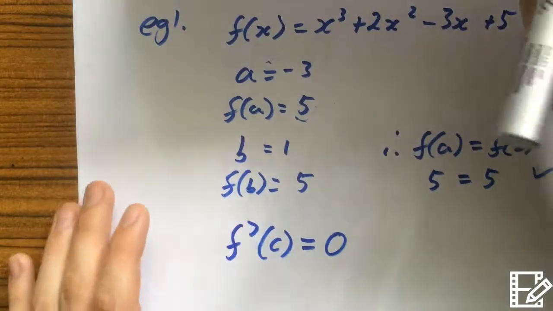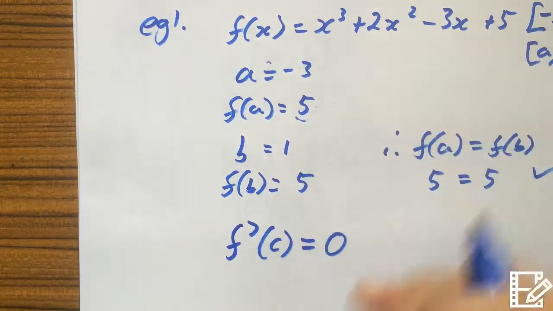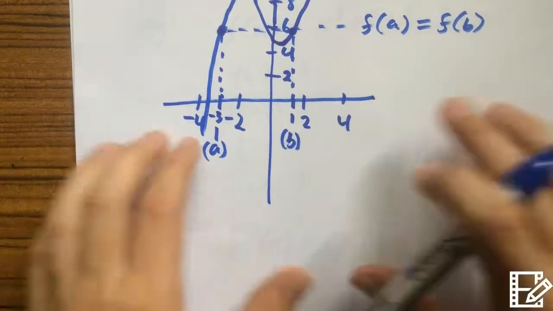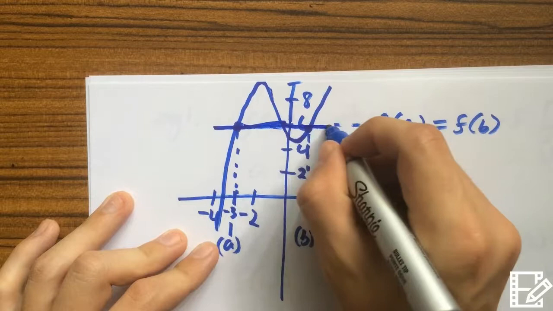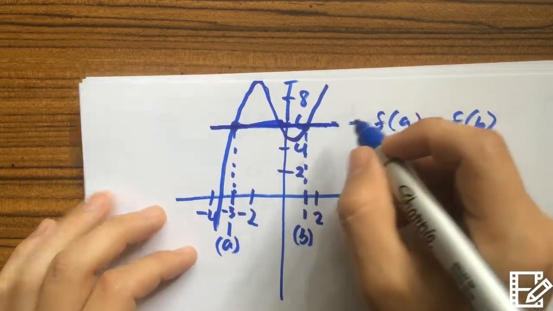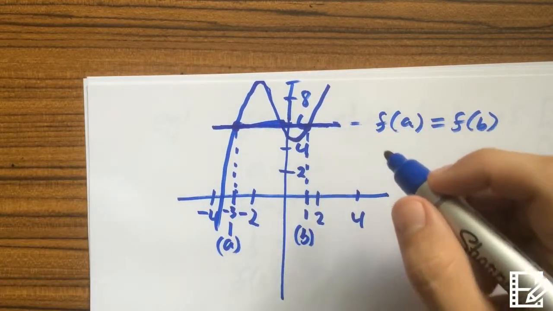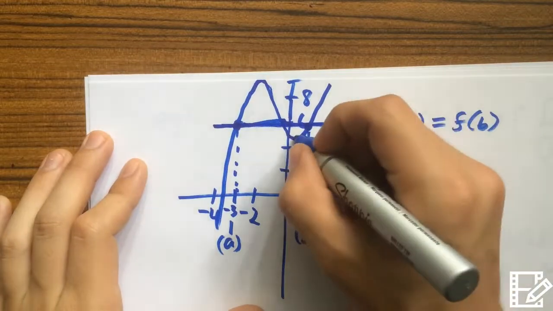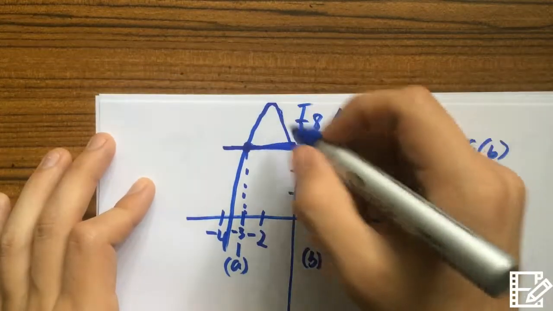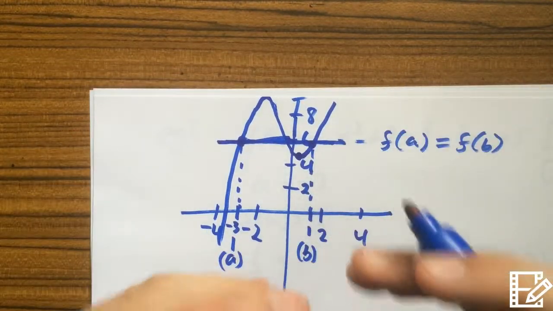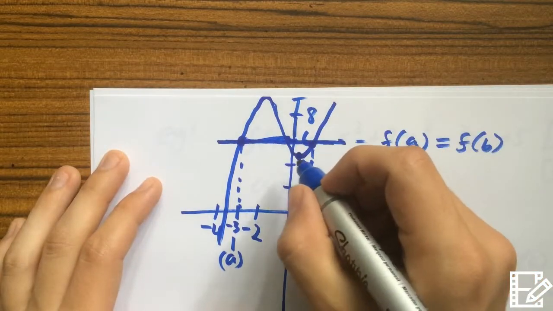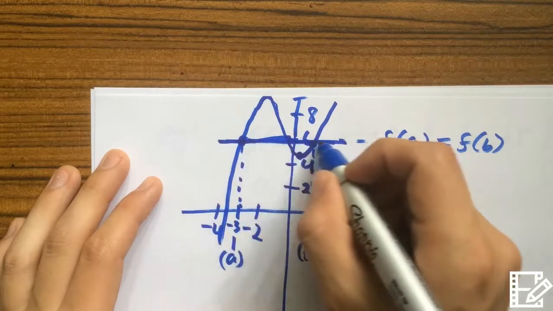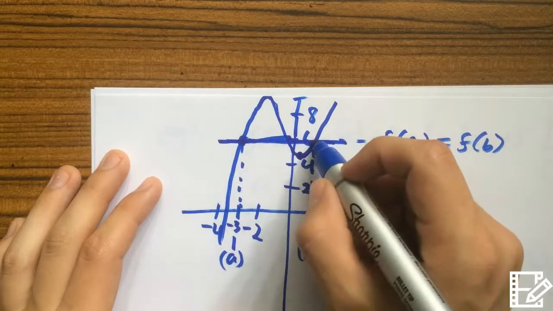Okay, now that's out of the way, that means that these two are equal, so we can draw a line through them, and that is our secant line. And what we're looking for is two points, where the slope at those points is equal to the slope of the line passing through the two points.